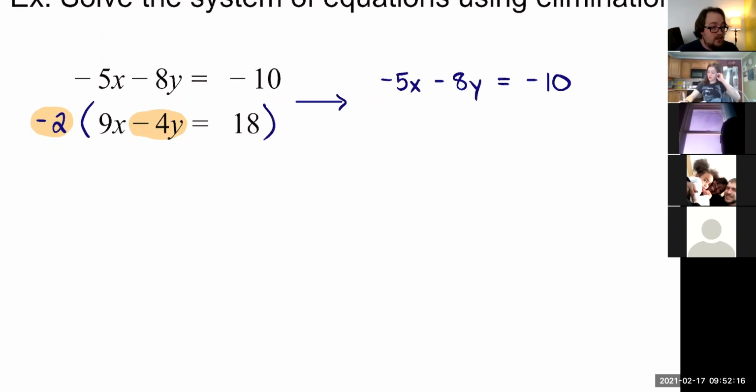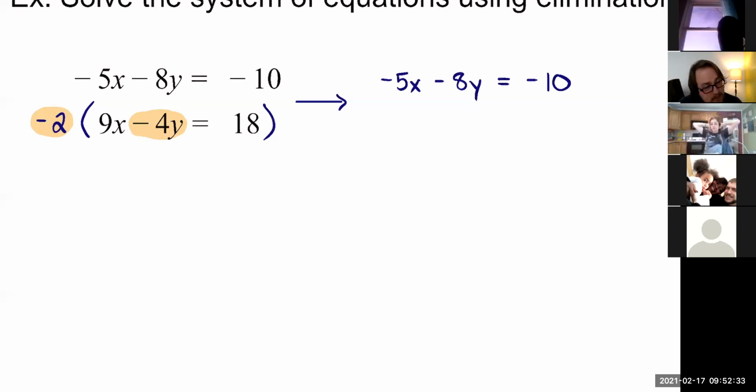The bottom equation, everything in that equation, even all the way to the opposite side of the equal sign, which is why I wrapped it in parentheses, is going to now be multiplied by a -2.